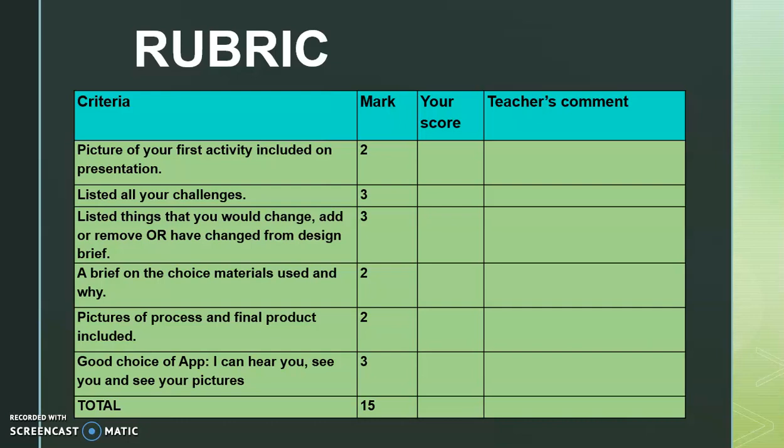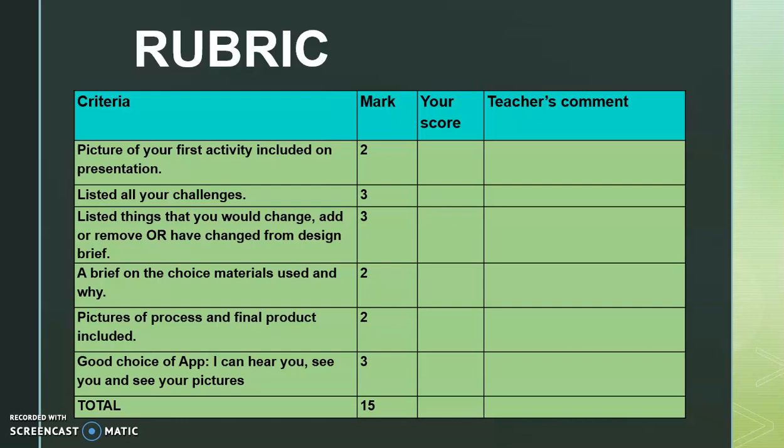All of that, you need to dig deep in your brain and really look at each and every material you've used and why you've used that material. You've used a matchbox to create your side tables because of XYZ reasons. So I'll give you 2 marks for explaining most of your materials there.